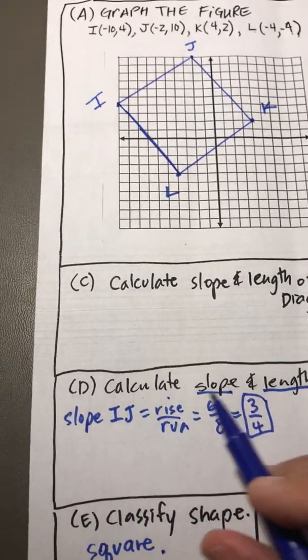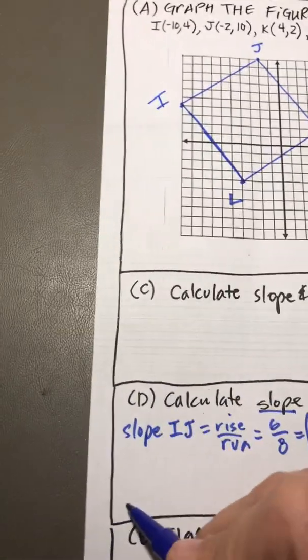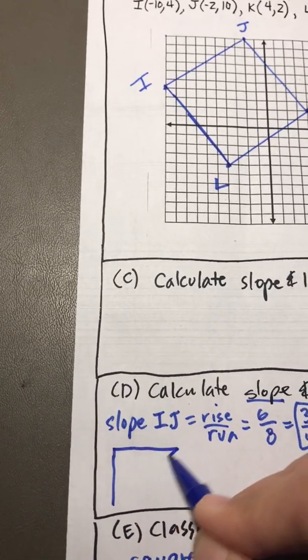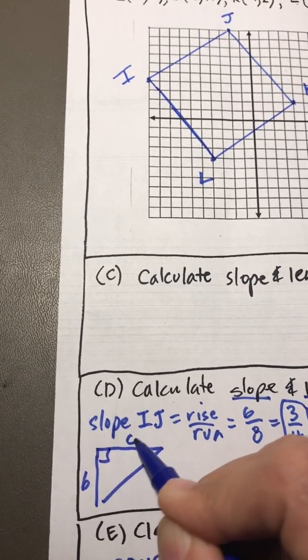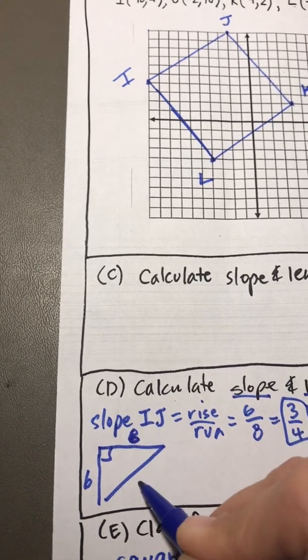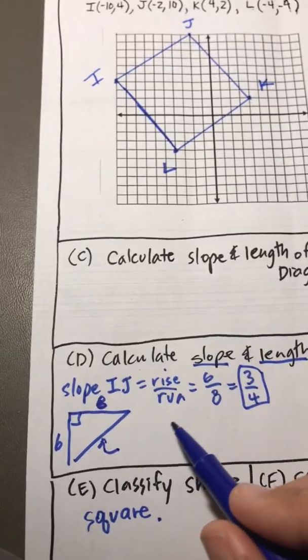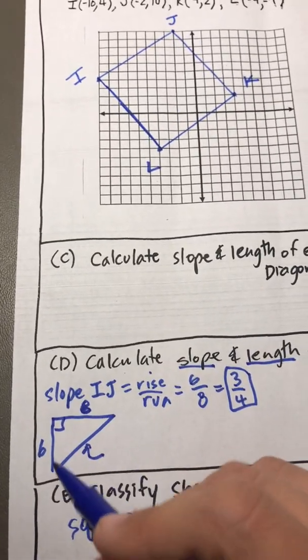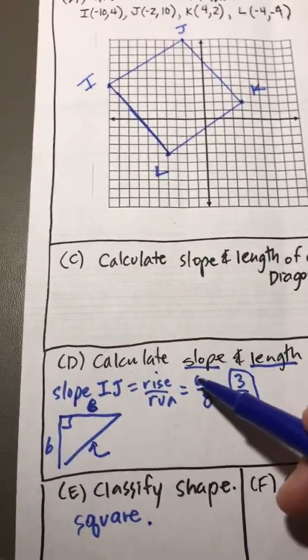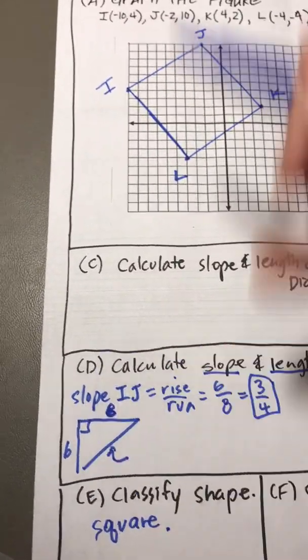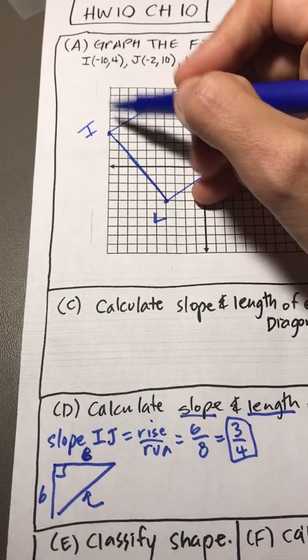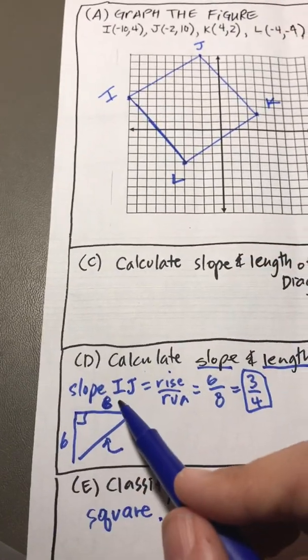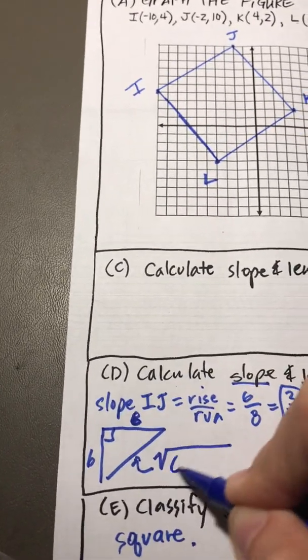Now the reason why this goes into the length is that just to make this shape, notice I went up 6 over 8. And that's going to tell me the length of this side as well. So it's like I went through the trouble of going up and over to find the slope, but I actually can use that information to draw an imaginary right triangle and then use Pythagorean theorem to solve for that missing side.